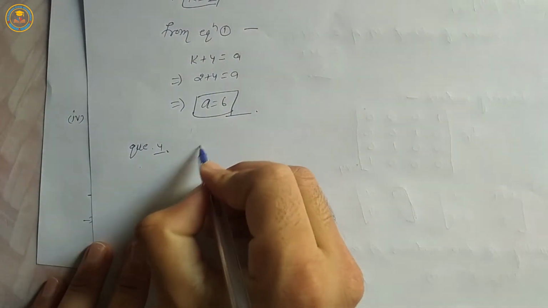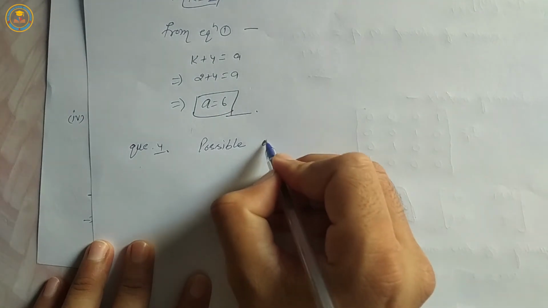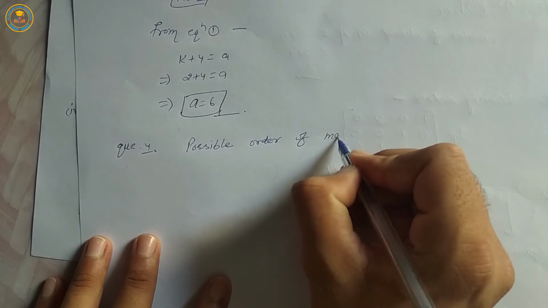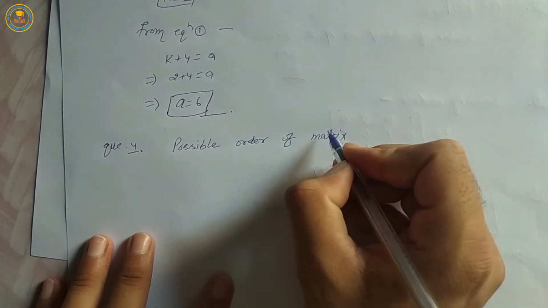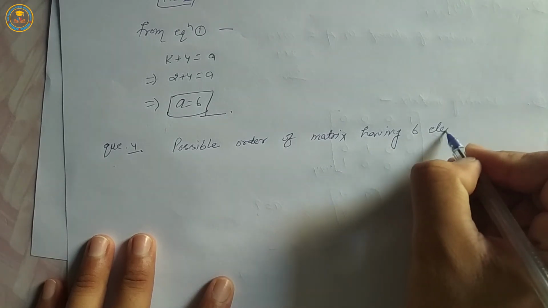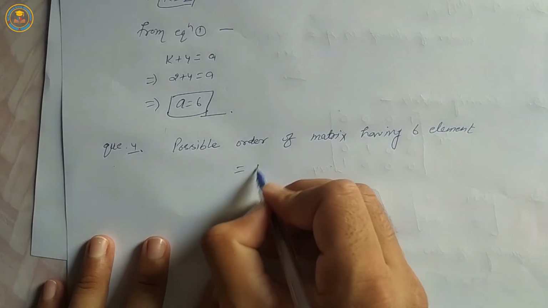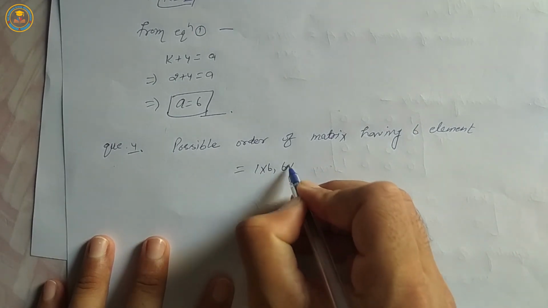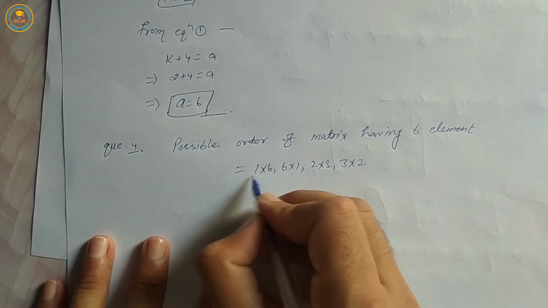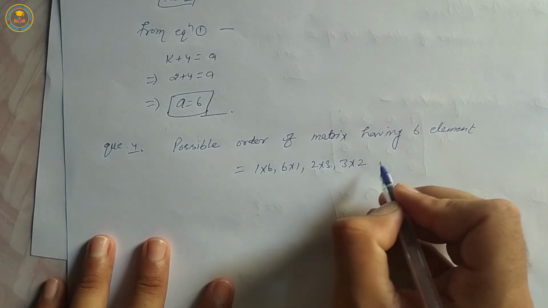The possible orders of a matrix having 6 elements are 1 by 6, 6 by 1, 2 by 3 and 3 by 2. 1 by 6 is equal to 6, 6 by 1 is equal to 6, 2 by 3 is equal to 6, 3 by 2 is equal to 6.